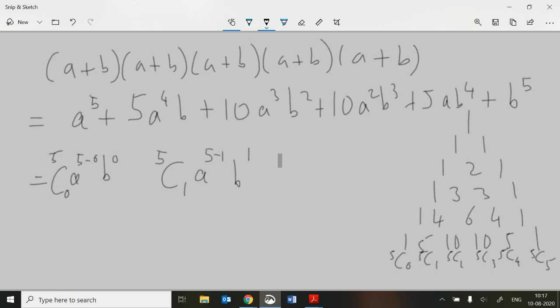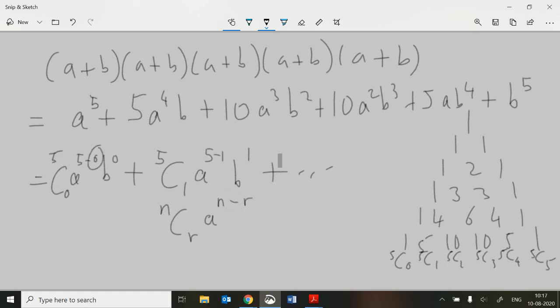Okay, so what I'm building up to here is the general format. We can keep doing that, of course. So the general format is going to be nCr, and then we'll put in a to the power of n minus r.